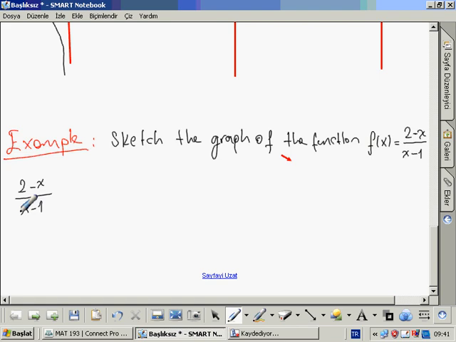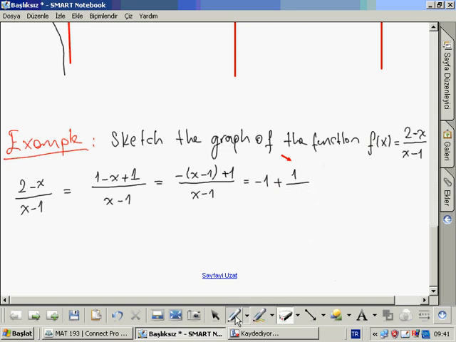We can write the numerator part like 1 minus (x plus 1)... and the denominator can stay the same, x minus 1, and so we can write it as minus 1 plus 1 over x minus 1.